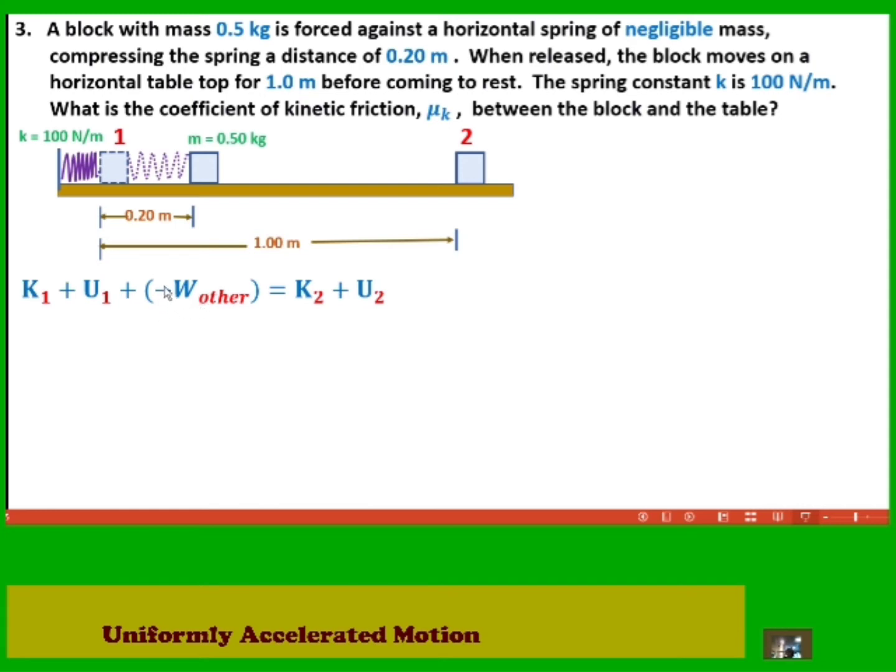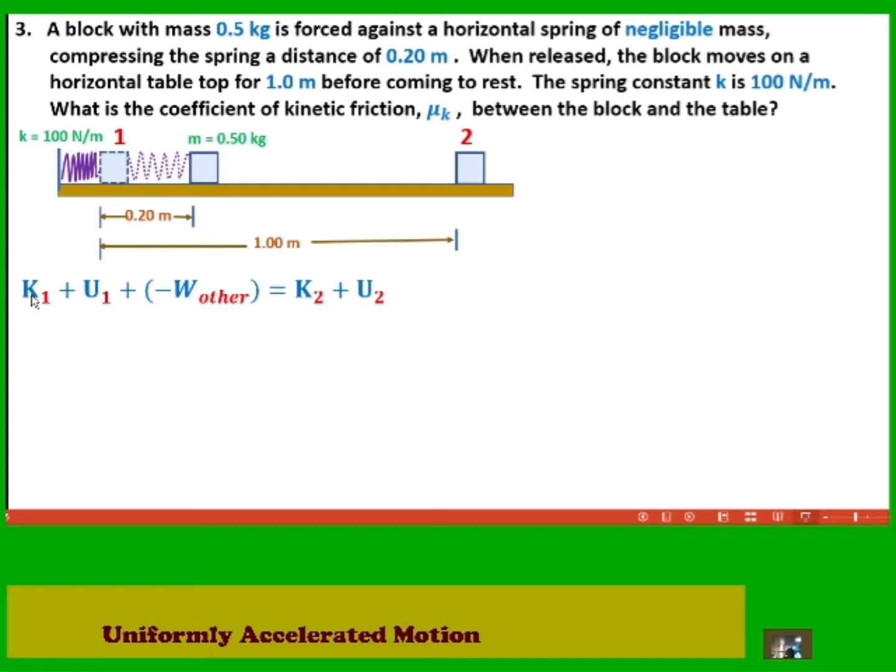It is negative due to the force of kinetic friction that opposes the motion of the block in the process reducing its energy. Then at point 2, it has kinetic and potential energy, and their values.